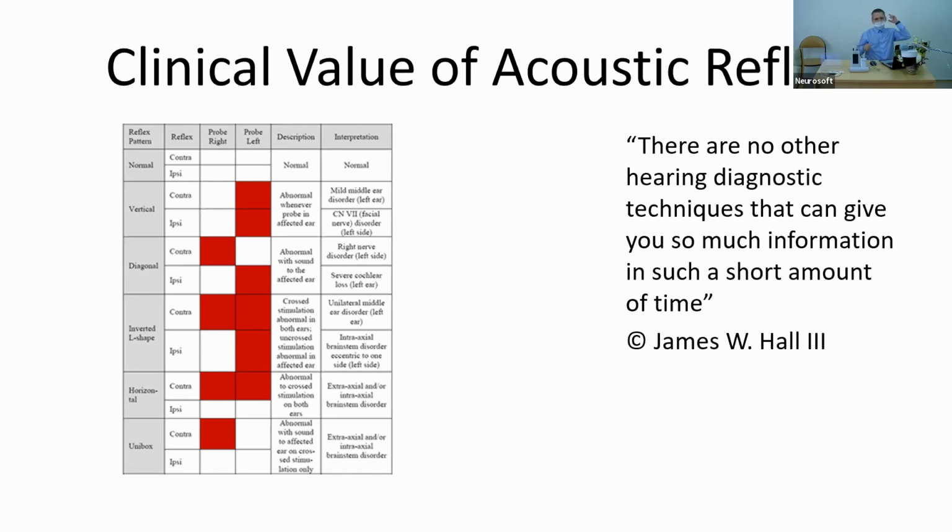The probe tone is still applied by the probe, but the opposite ear is stimulated with tone bursts by the headphone, which is called the contralateral headphone. So, recording left and right side ipsi and contra reflexes, we get a lot of information and can find different patterns of pathologies, where the response is absent or present.